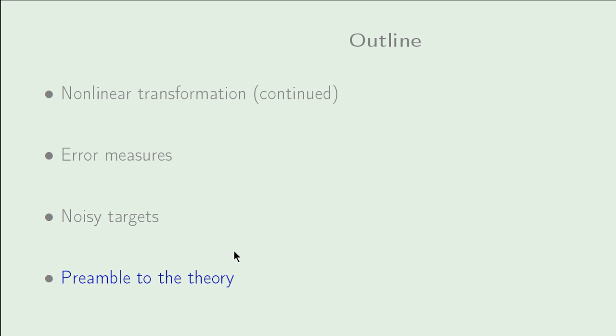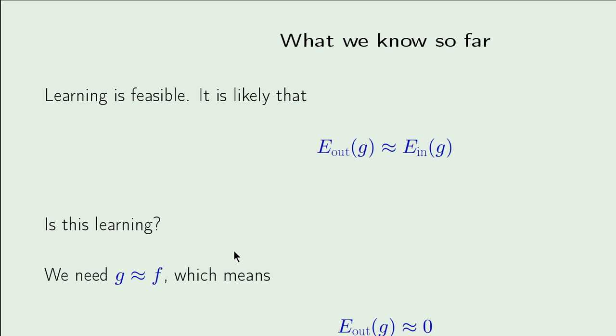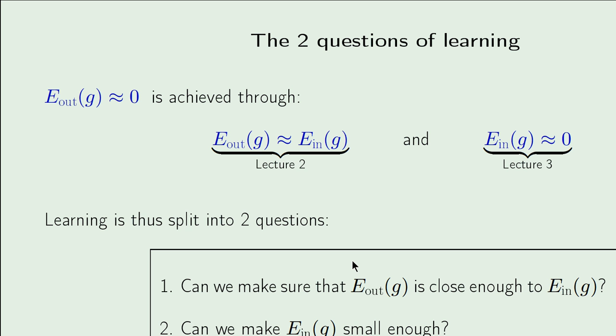Given all this, the next lectures are all going to be about theory. So we know that E out should approximately equal E in, since g is approximately equal to f. But what we really want is that E out should be equal to 0. There should be no error. Now how do you deal with that?